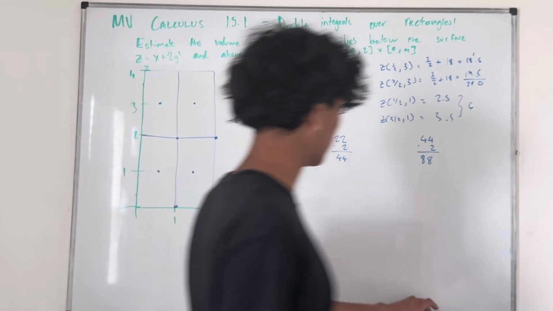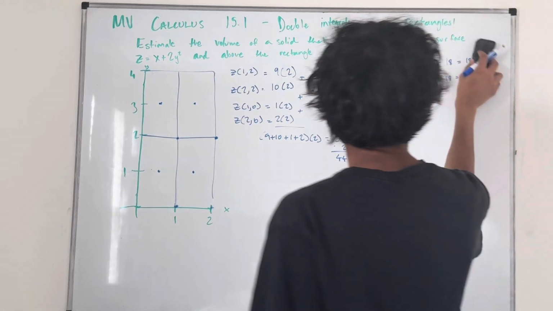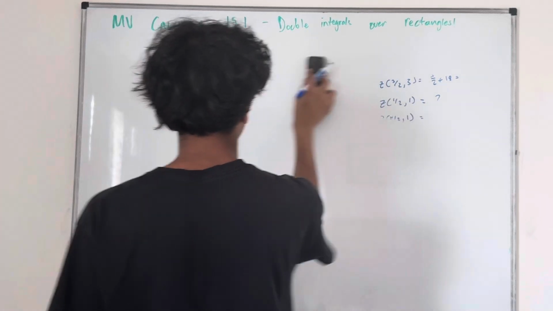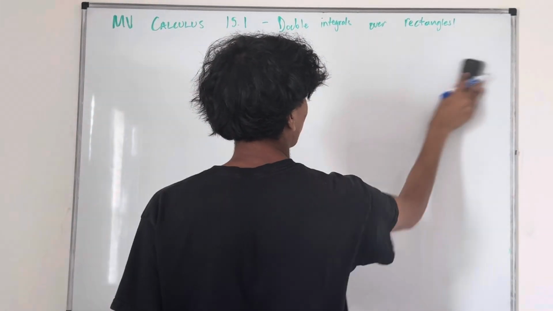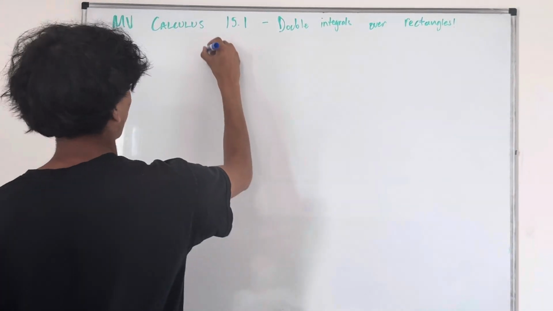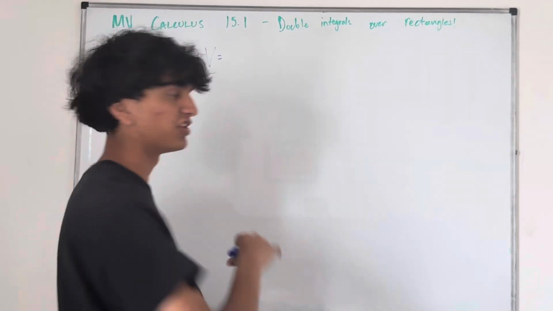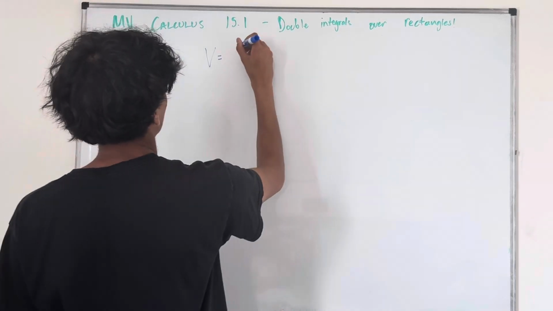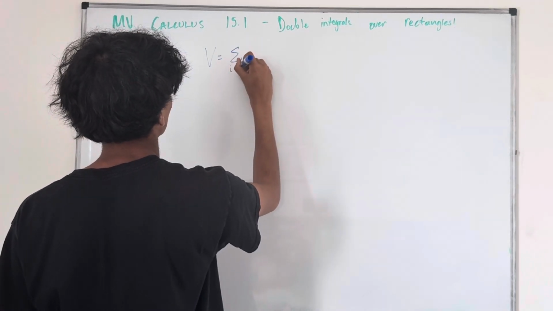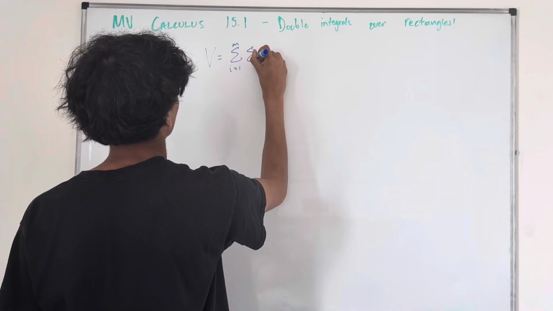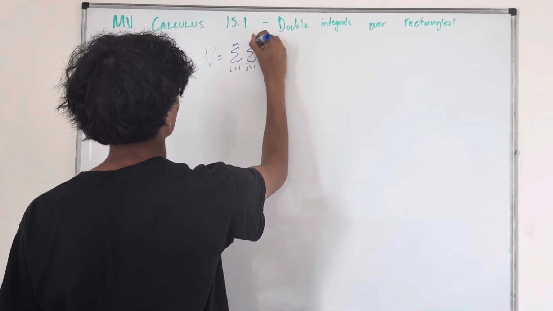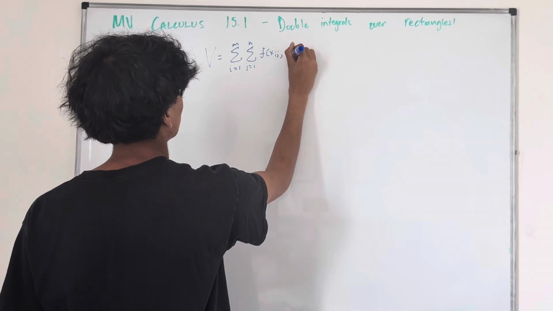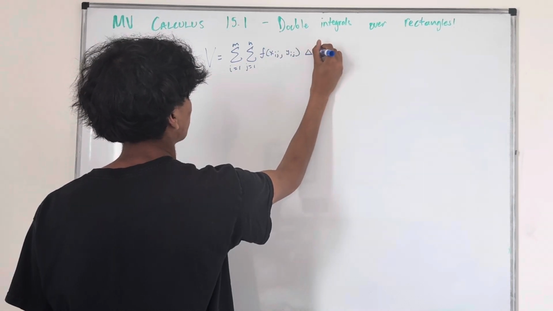Let's go back to our sum definition of volume. So basically we're saying the volume V under some function z, and a rectangle on the xy plane, is going to be this double sum where i goes from 1 to m, and the sum of j equals 1 to n of f of x_ij, y_ij, times the change in area.